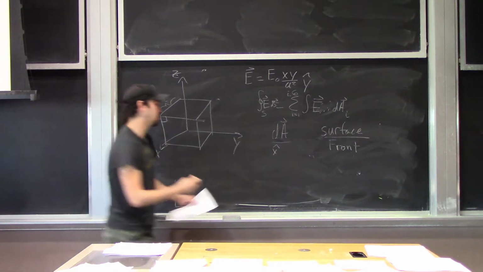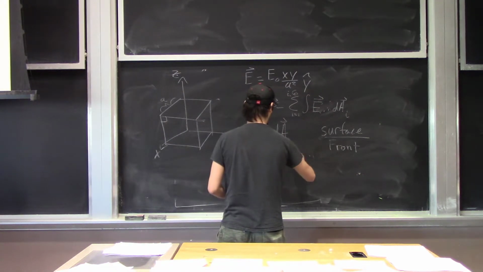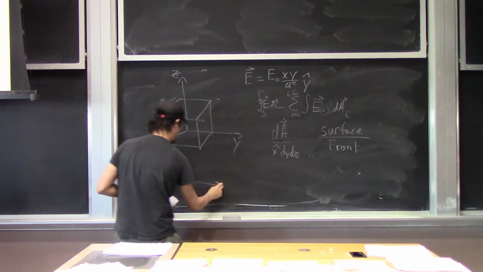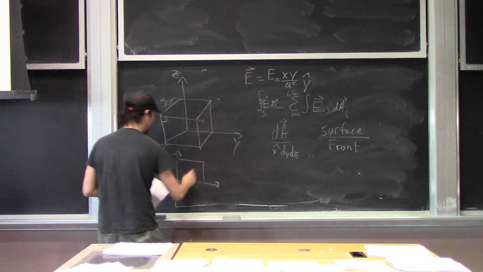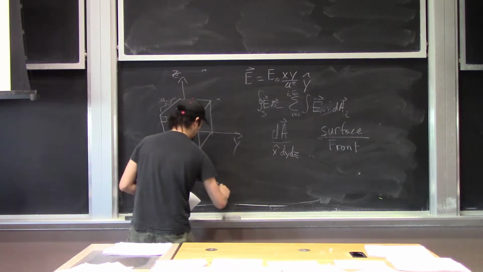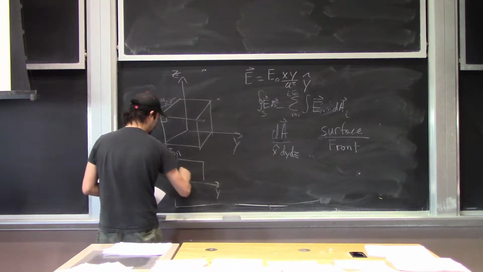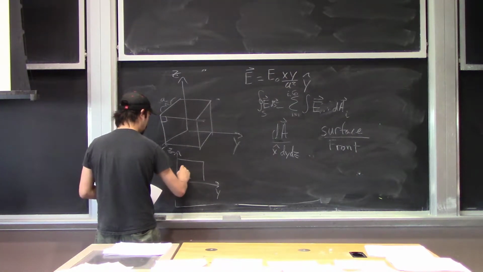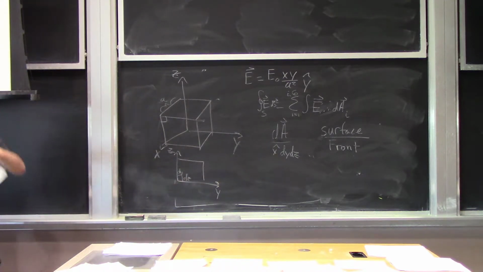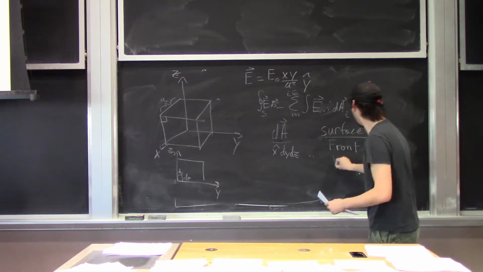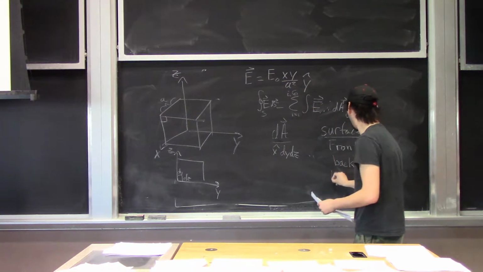Good. Do we see that? Because if I rotate this so that it's flat in the yz plane, this is really what I'm looking at here. This is z, this is y, and this little box has a little bit of dz and a little bit of dy. And it also points in the x direction. And so we can go through this whole process to find what all of these are.